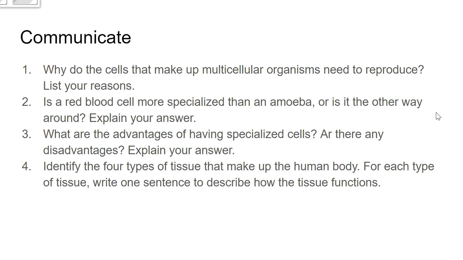Number three, what are the advantages of having specialized cells? Are there any disadvantages? Explain your answer. And number four, identify the 4 types of tissue that make up the human body. List the 4 types, and for each type of tissue, write 1 sentence that describes how it functions or how that type of tissue works.